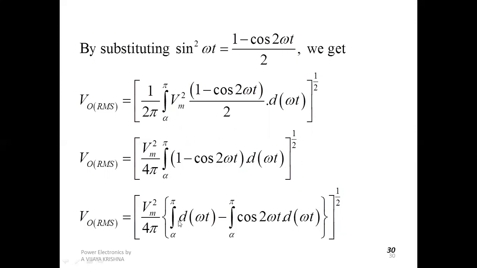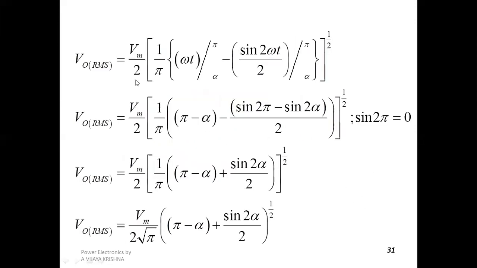Integrating separately, integral of 1 d omega t minus integral of cos 2 omega t, we get Vm by 2 of 1 by pi of omega t from alpha to pi minus sine 2 omega t by 2 from alpha to pi.